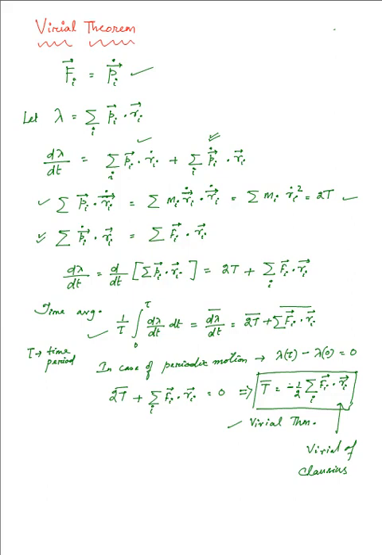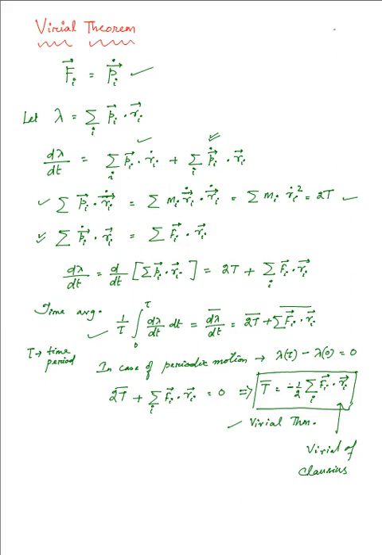So that is the condition that we must consider in case of non-periodic motion. The result is always the same: the left hand side of the equation goes to 0, and the right hand side containing the kinetic and the potential energy terms, the sum of them, is equal to 0. As a result, the time average of the kinetic energy is equal to negative half of the time average of the potential energy term.